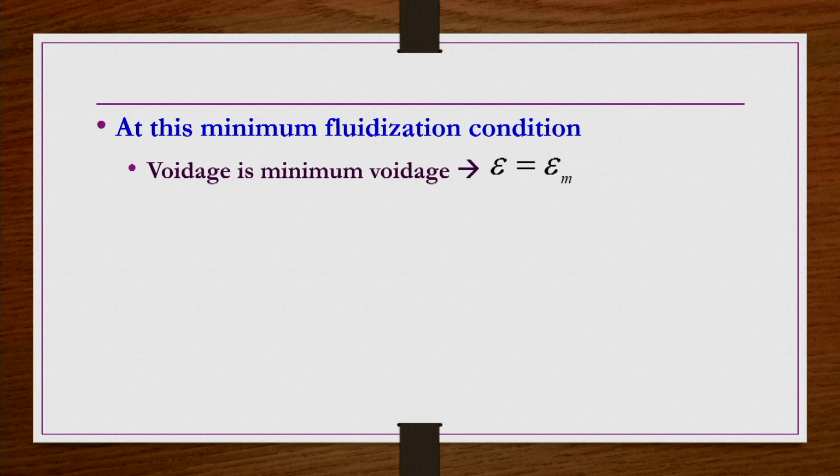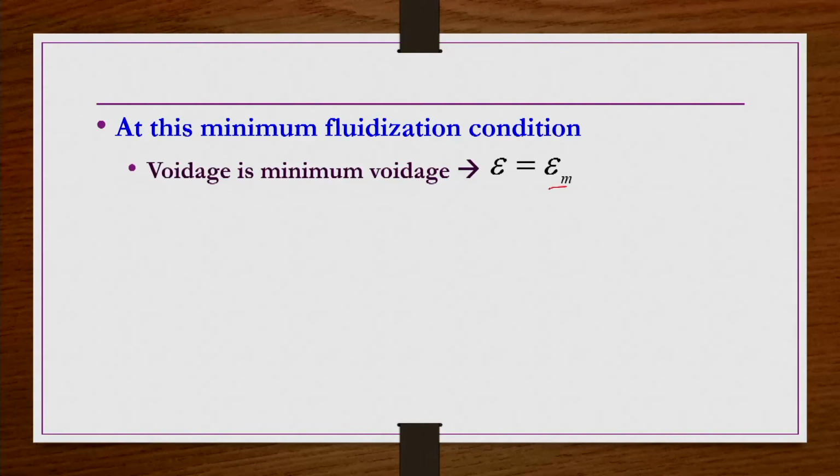So, that we are writing epsilon m, right. Initial packing is epsilon, the initial voidage of the bed is epsilon. In the initial compact packing, the void volume fraction is epsilon, but after fluidization has taken place, though particles are loosely packed and started expanding, where the pressure drop is balanced by the buoyant weight of the bed, the voidage is increased slightly, and that is the maximum voidage attainable under the packed conditions.